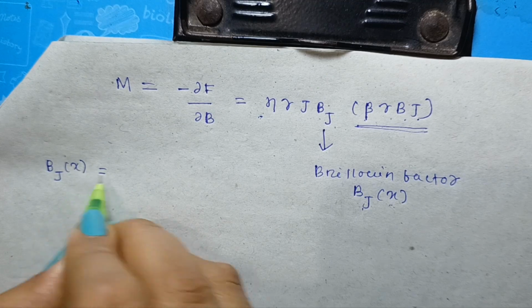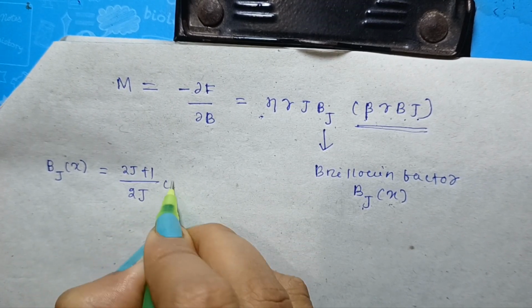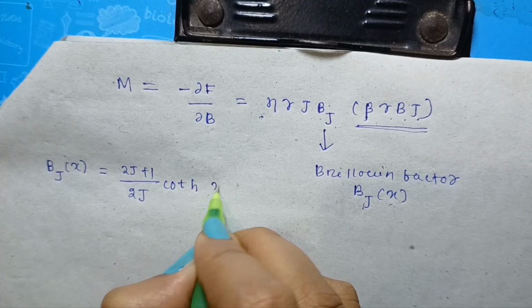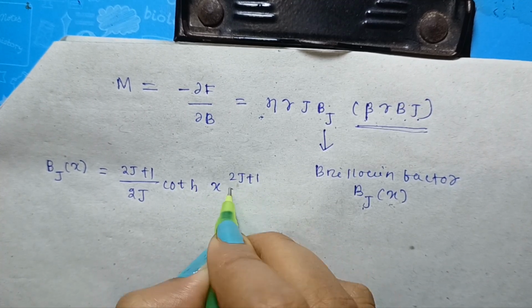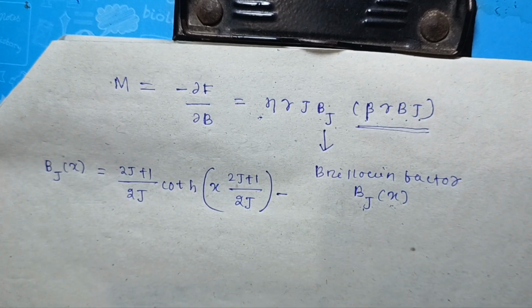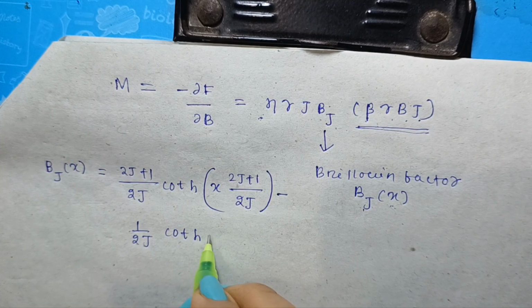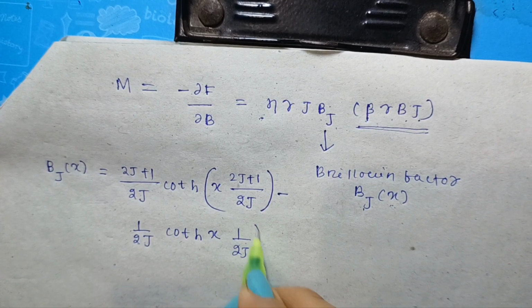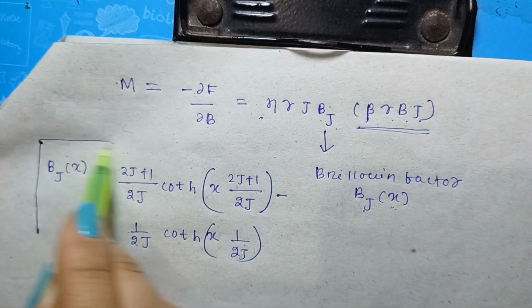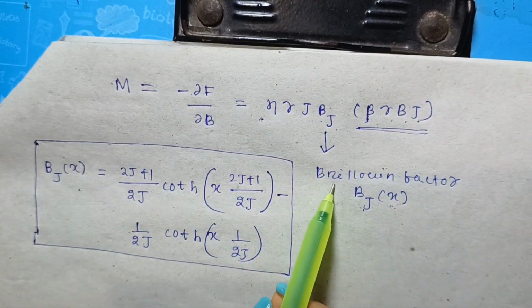The formula of B_J(x) is equal to (2J plus 1) divided by 2J times coth of x (2J plus 1) divided by 2J, minus 1 by 2J times coth of x by 2J. So this is the Brillouin function.